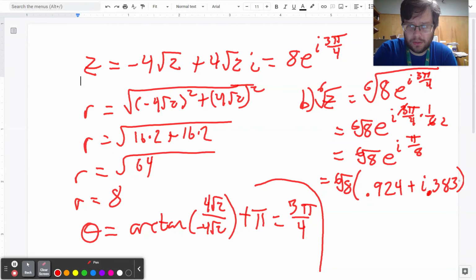Now the question asked me to show something involving roots. So what I'm going to do is square those values. So I'm going to take cosine of pi over 8 and I'm going to square it. Let's see, that didn't work out.